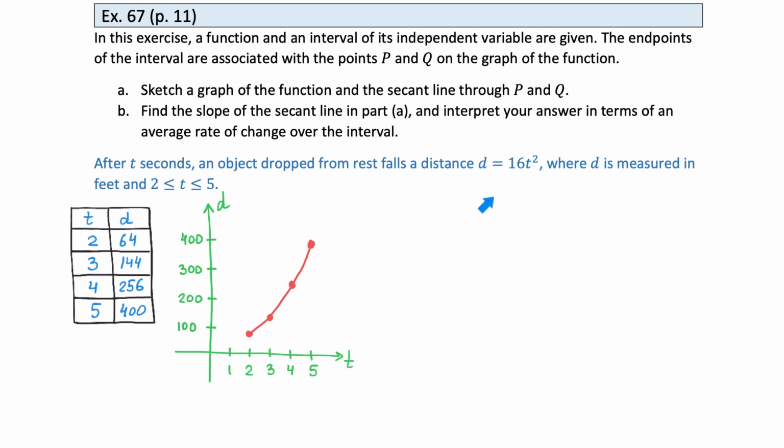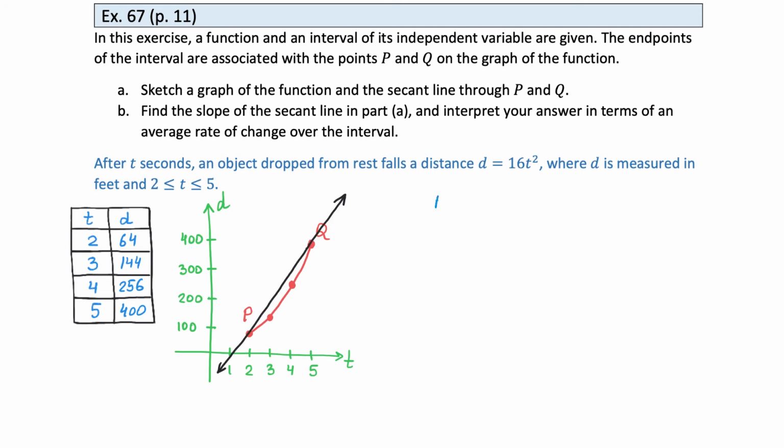Although the graph of this function represents a parabola, we need the part of the graph for t from 2 to 5. And now let one of the endpoints be point P and the other one point Q. We will draw the secant line through these 2 points and then we will find the slope.